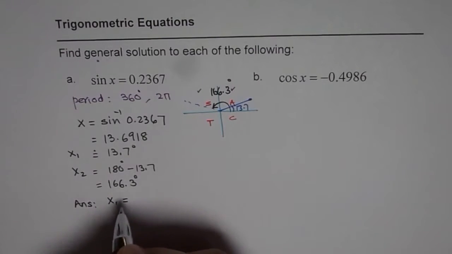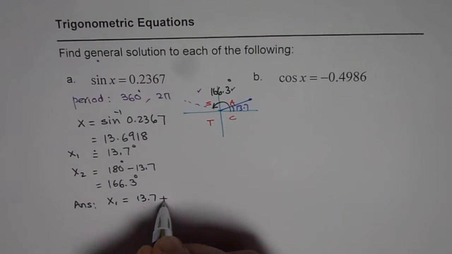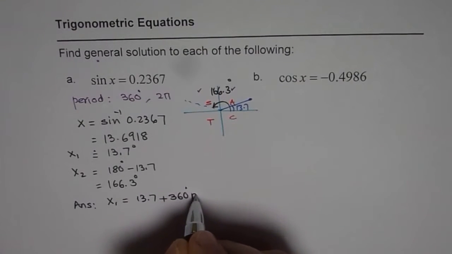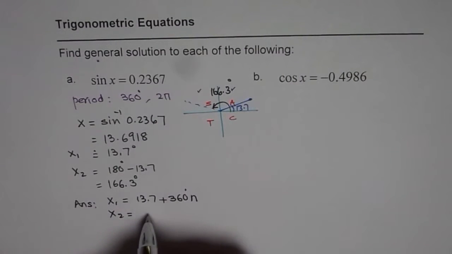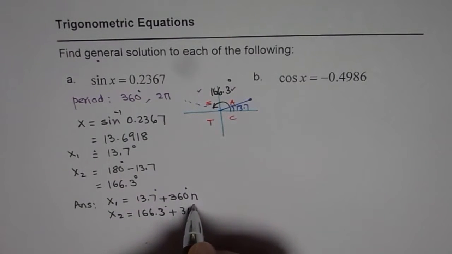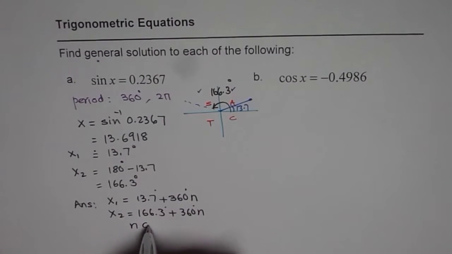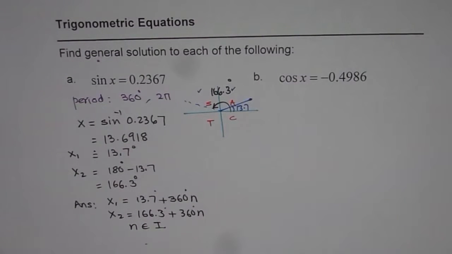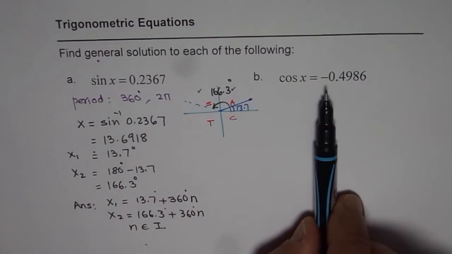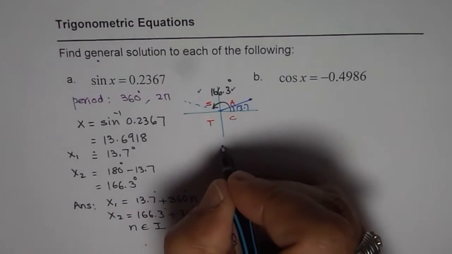One set is 13.7 degrees plus 360 degrees times n, and the other is 166.3 degrees plus 360 degrees times n, where n belongs to the integers. That is how we can write the general solution for sin x when it is positive. Now we have another example, cos x, which has a negative value.